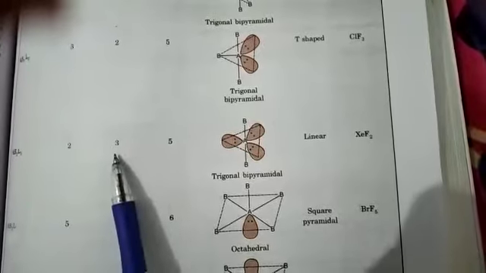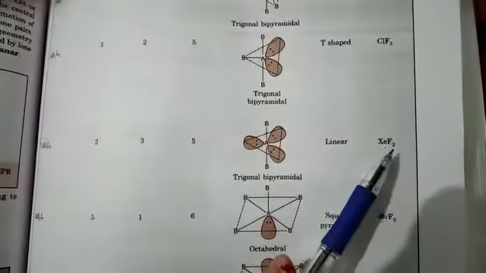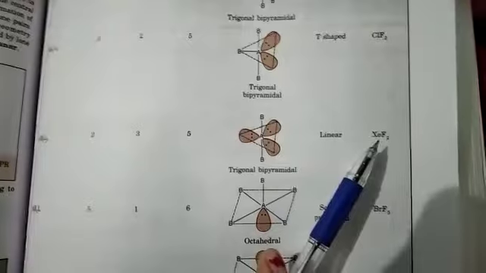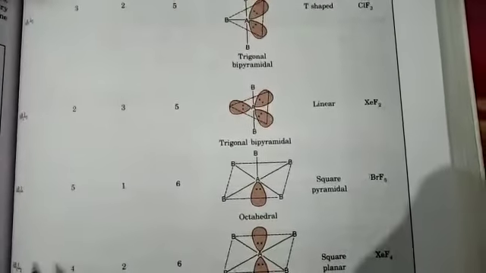The shape should have been trigonal bipyramidal due to the presence of 5 pairs, but due to the presence of these 3 lone pairs we have a linear geometry. A very good example for it is xenon difluoride, XeF2.